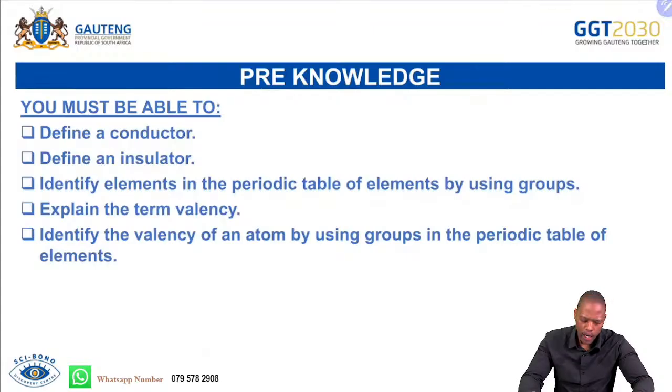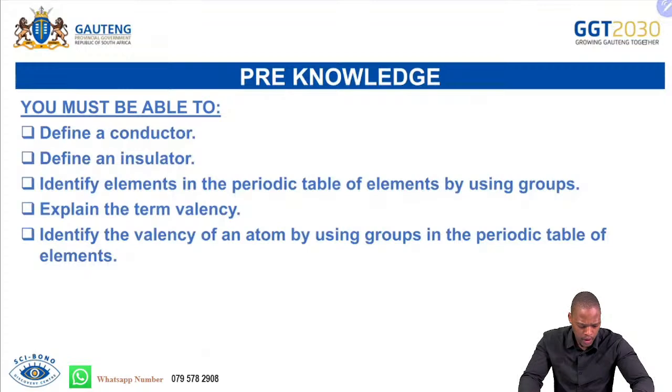We must be able to identify elements in the periodic table of elements by using groups. Can you identify elements in group 3? Can you identify elements in group 6? We must also be able to explain the term valency, another term that was introduced in grade 10, when we were doing semiconductors.